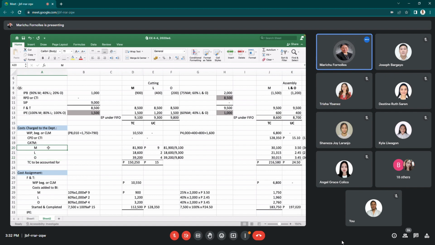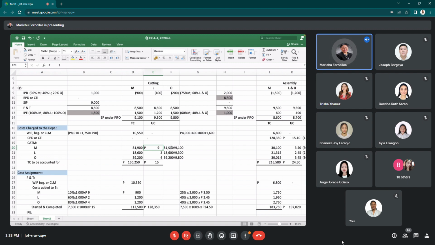So we have material cost this month ni cutting is 81,900. The labor cost this month ni cutting is 18,600. The overhead this month ni cutting is 39,200.